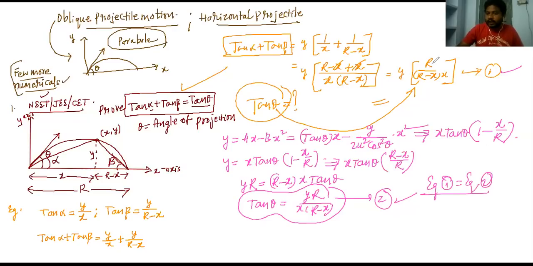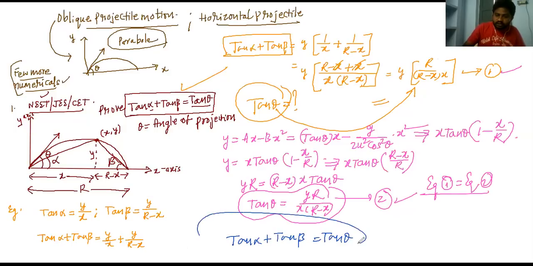So y into r by (r minus x) into x. Here also y into r by (r minus x) into x. So I can finally conclude that tan alpha plus tan beta is equal to tan theta. Remember this equation. This helps you a lot.